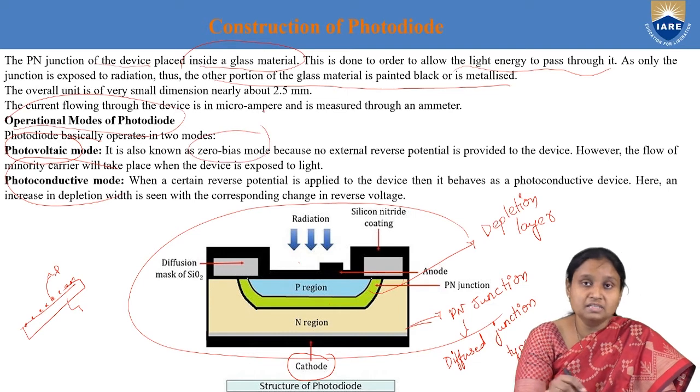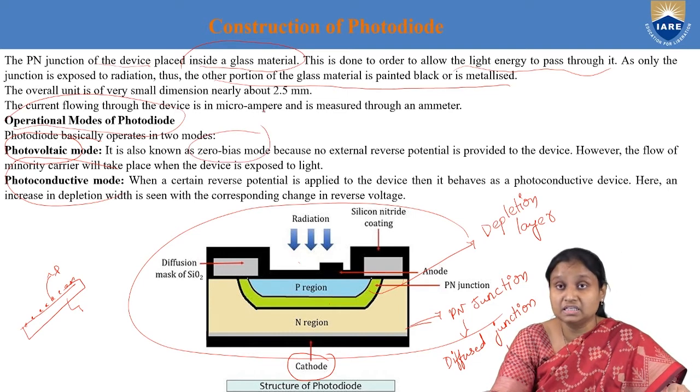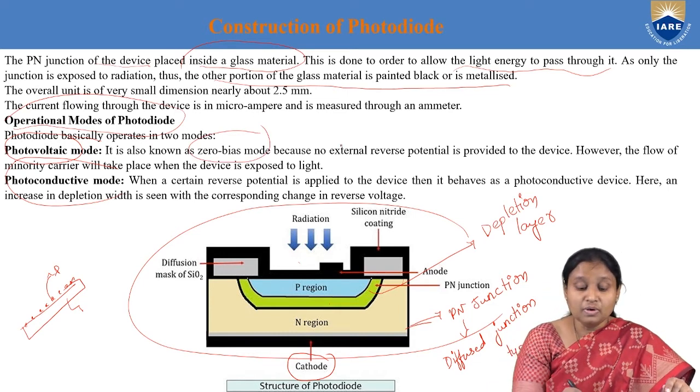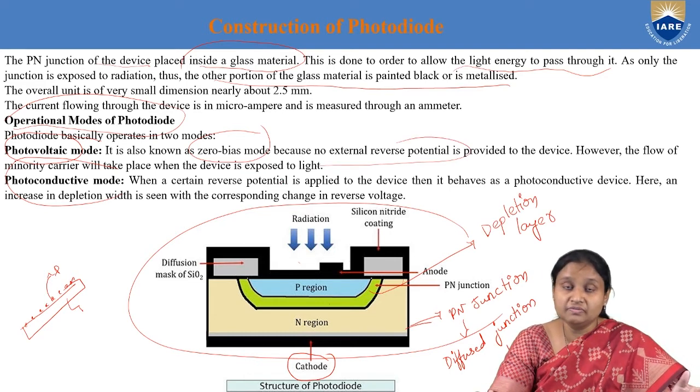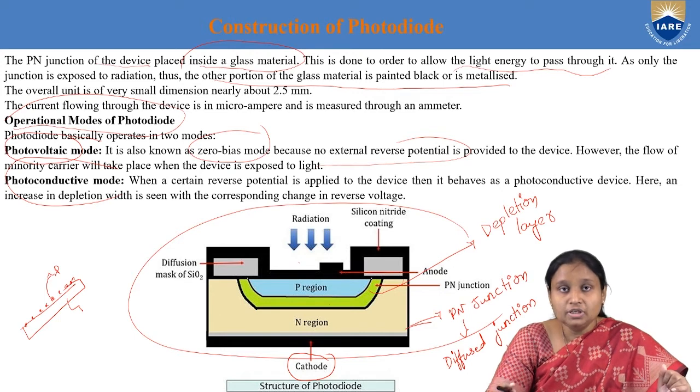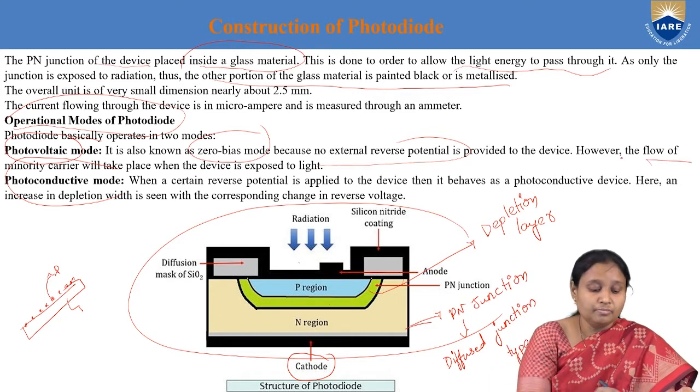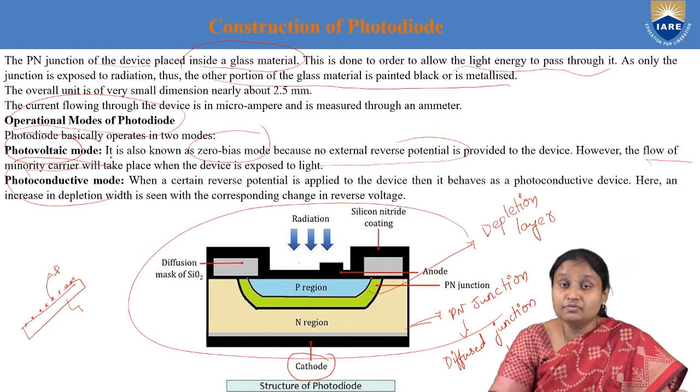What do you mean by zero bias mode? We are not going to apply any external voltage, so no external reverse potential is applied. Simply, we are taking a normal PN junction diode and exposing it to light. Then you will observe there is a flow of minority carriers. So there is a current flowing when we expose it to light.